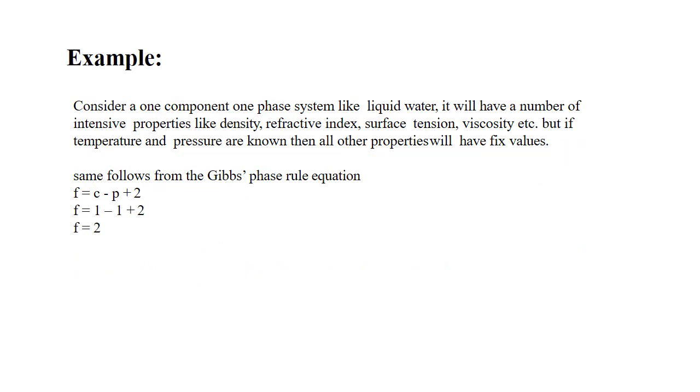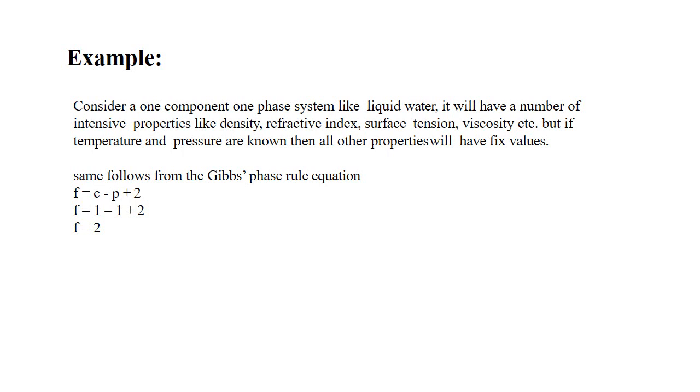Example: consider a one component, one phase system like liquid water. The system contains water species. So water is only one chemical species, which is present in the liquid state. So its phase is one, that is the liquid phase, and the component present in that liquid phase is also one.